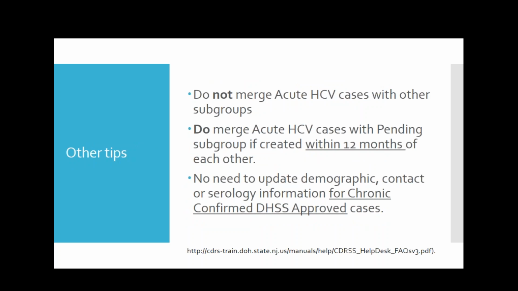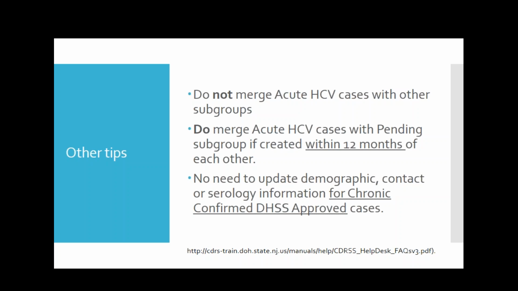So now I will talk about some tips and some things to be aware of in terms of reporting to CDRSS and working with cases in CDRSS. So please be aware that you do not need to merge acute HCV cases with other subgroups. So any old acute HCV cases, and that is cases which were created more than 12 months prior.